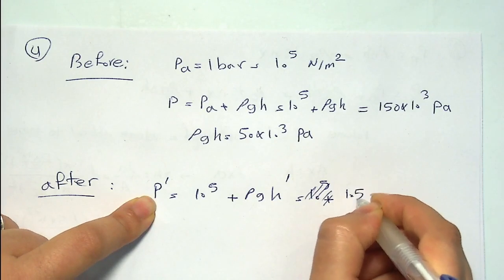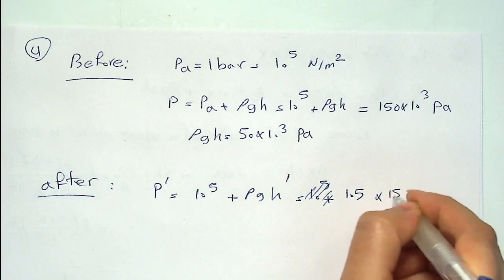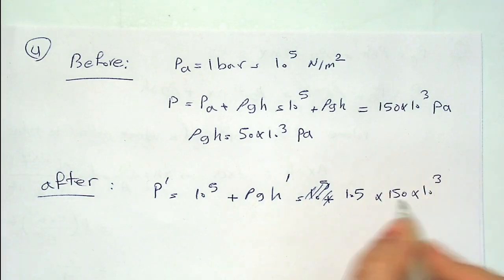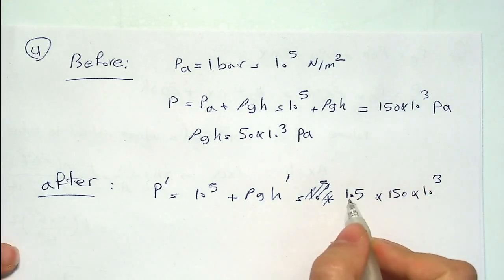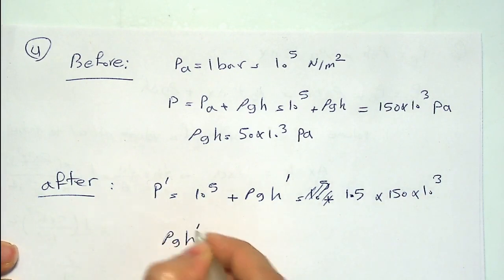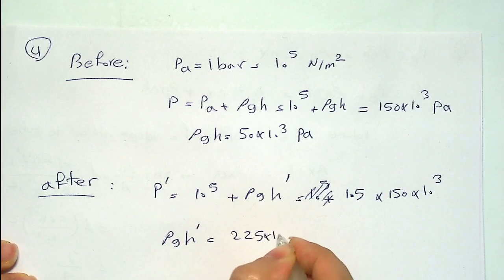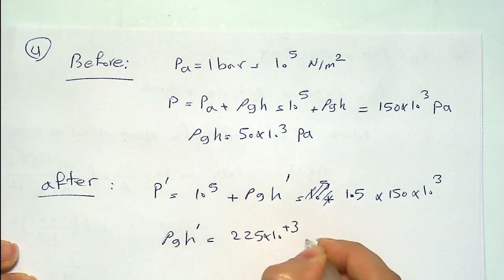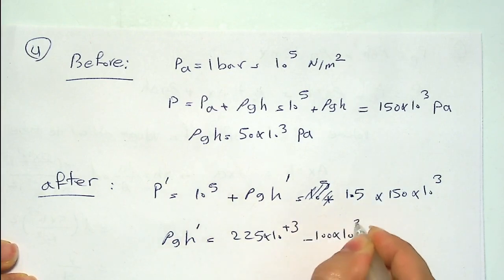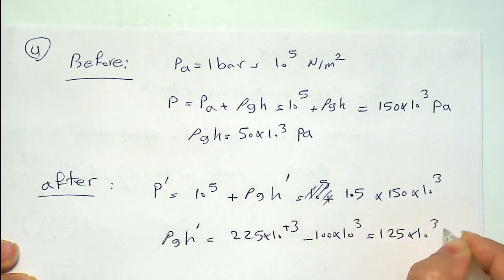So if I multiply the 150 kilopascal given in the question by 1.5, I would get the secondary pressure. Using this, I can calculate rho GH prime, and I would have 125 kilopascal.